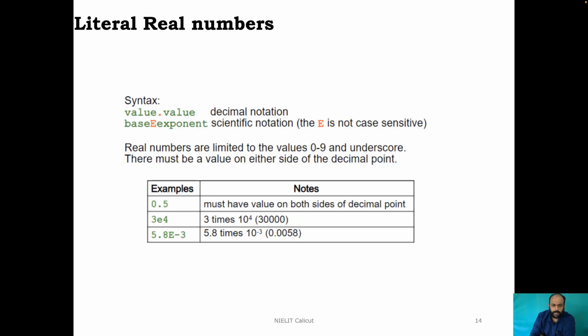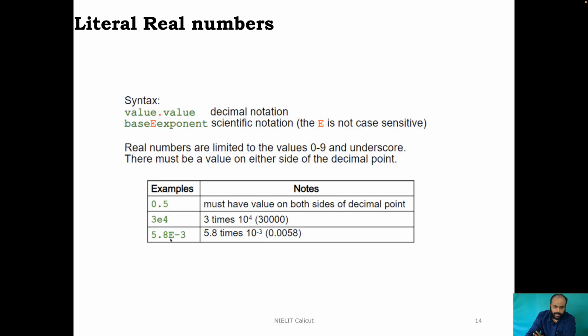Now there are certain other ways the real numbers are represented. So for example 3e4, it actually means 3 times 10 to the power of 4, that is 30,000.